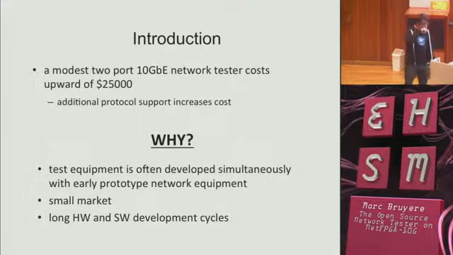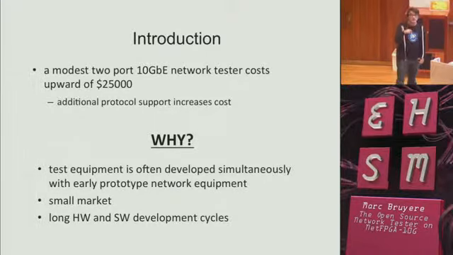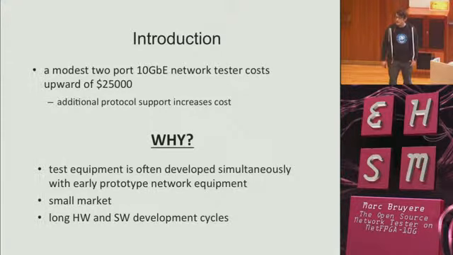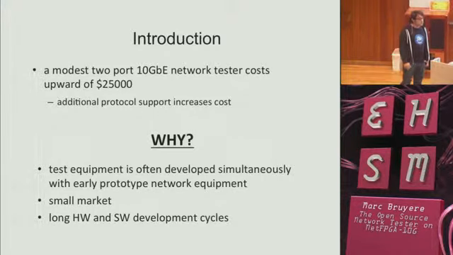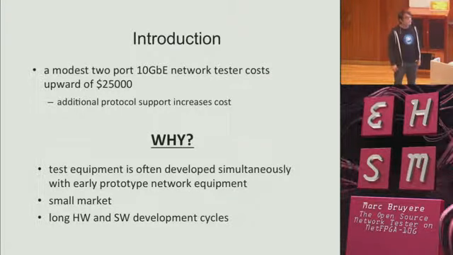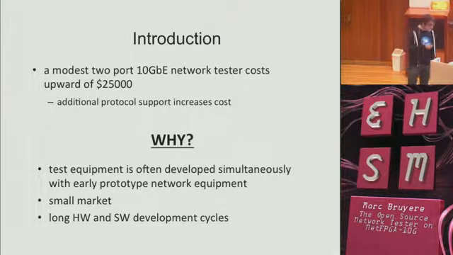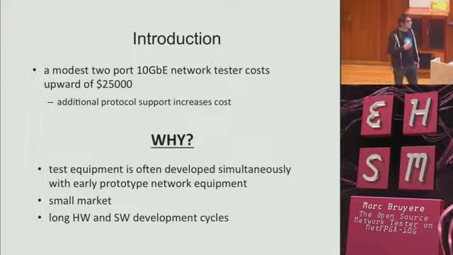Those equipment are very dedicated to testing clusters, for example, when you want to run high-performance testing on a cluster of servers, or more precisely, if you want to test a new design of your Ethernet switch, then you need that capacity. It's a very small market and a long development cycle for those companies.